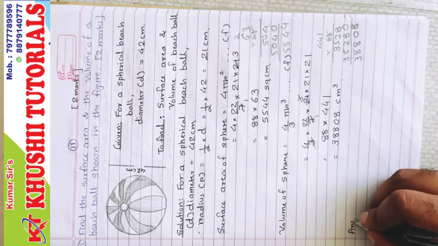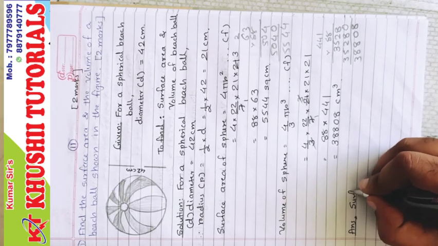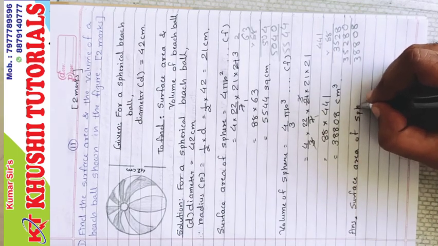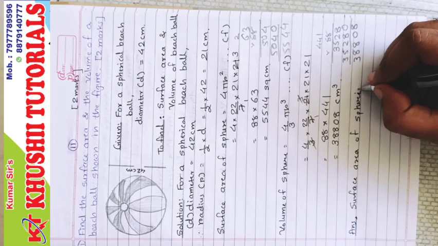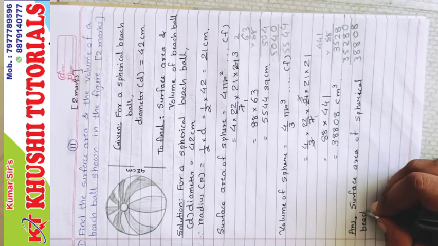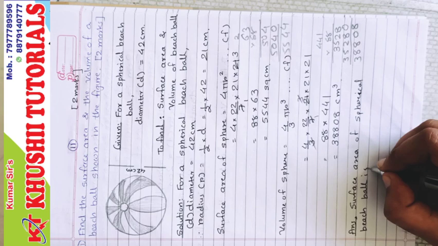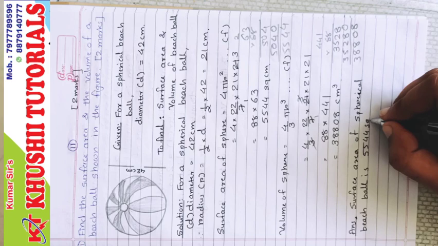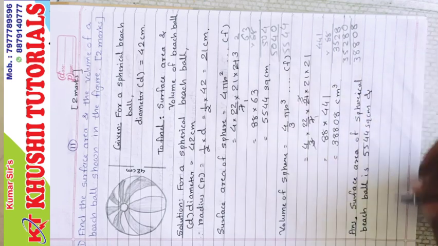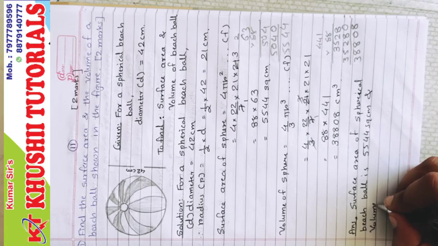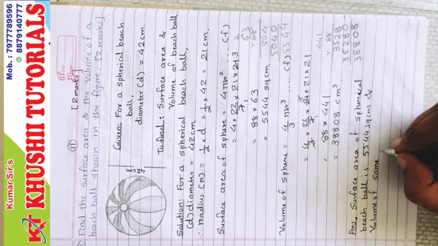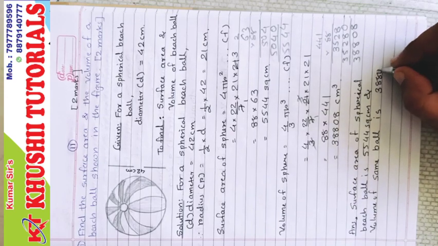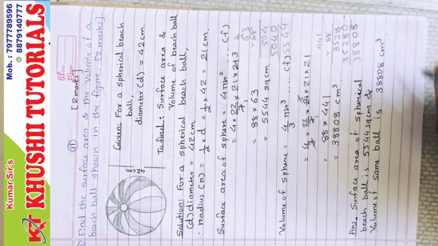So answer, surface area of sphere or spherical beach ball is 5544 square centimeter and volume of same ball is 38808 centimeter cube.